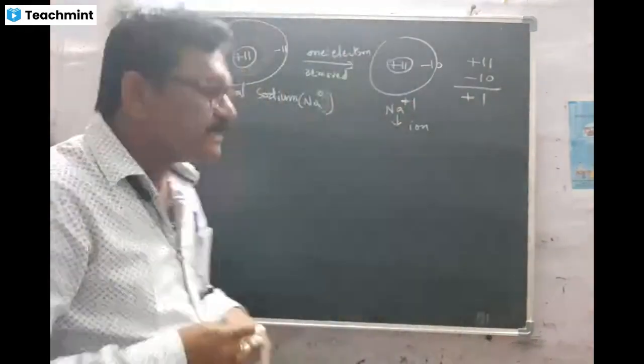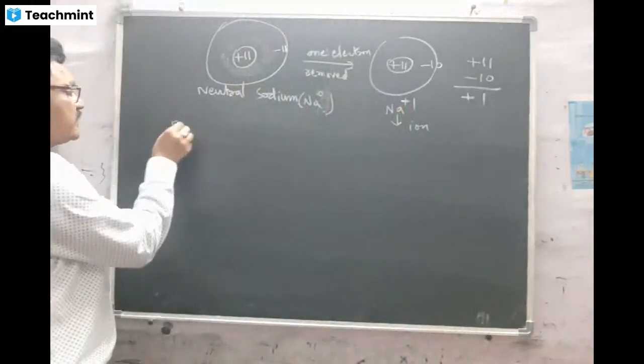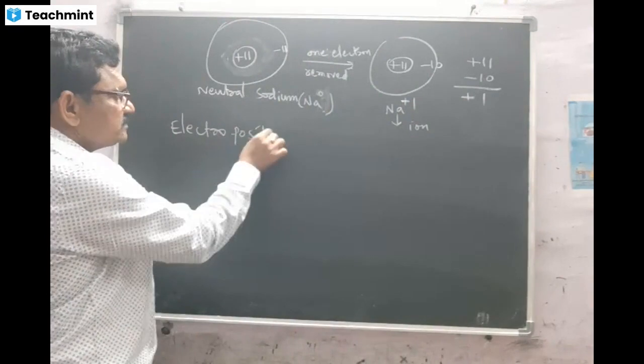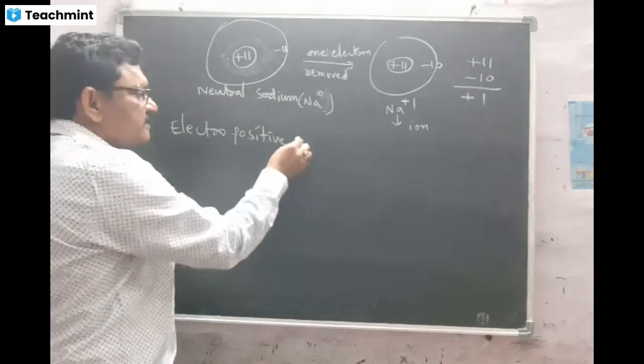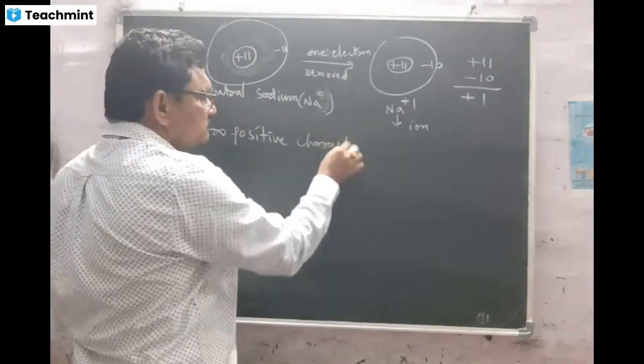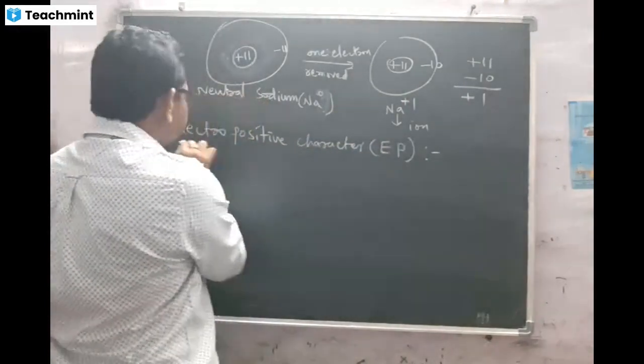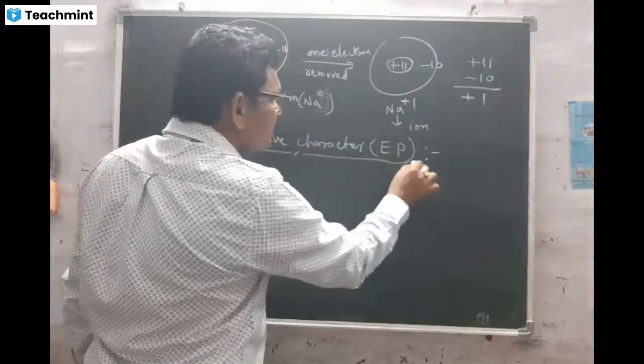Now I am explaining what is electropositive. You write down the heading: electropositive character. What do you mean by electropositive character? It is shortly written as EP.